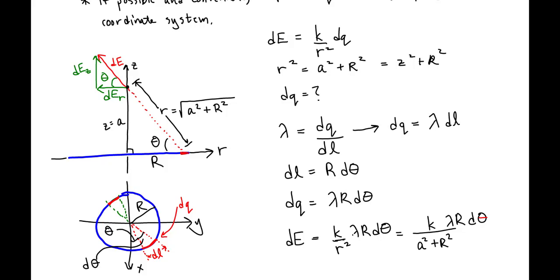If we take that information to our upper sketch, where the mirror charge is right here, that means the electric field due to our mirror charge will look something like this.